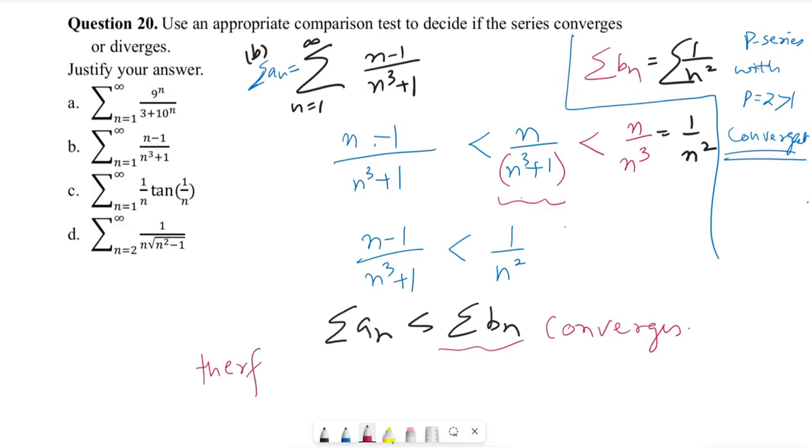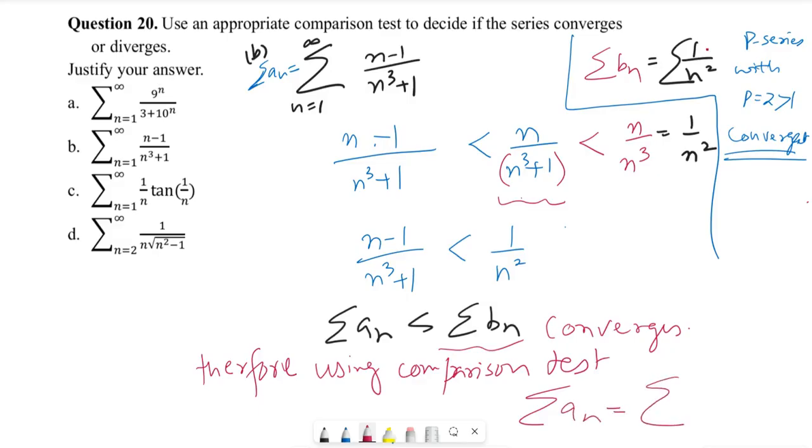Therefore, using the comparison test, the given series sigma an, which is (n minus 1)/(n cubed plus 1), also converges.